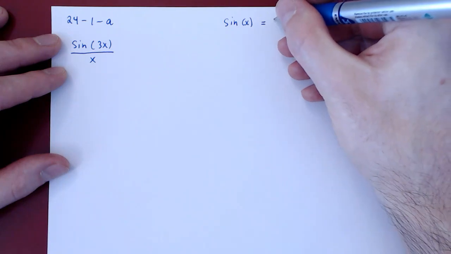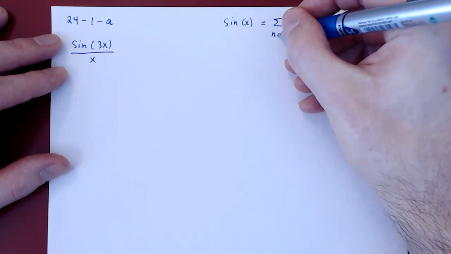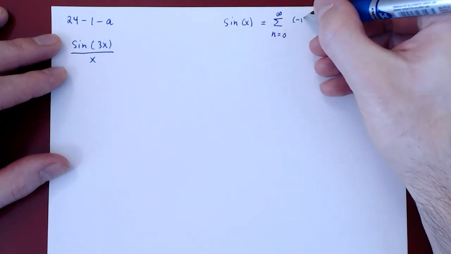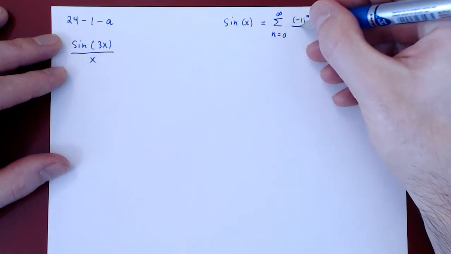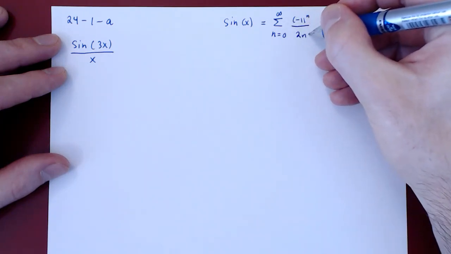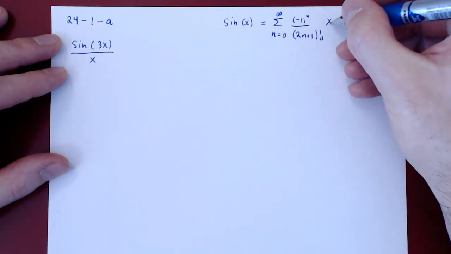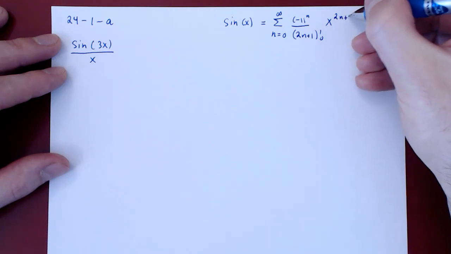And this is the result that we've obtained. That sine of x is the sum from n equals 0 to infinity of negative 1 to the n over 2n plus 1 factorial times x to the 2n plus 1.